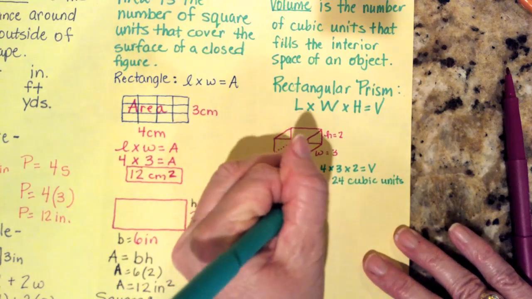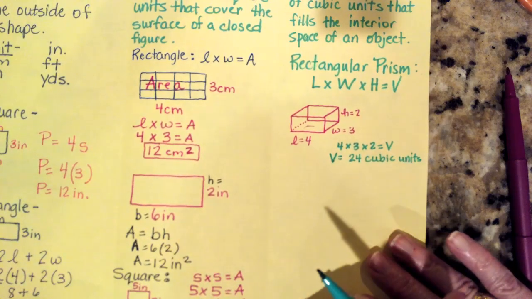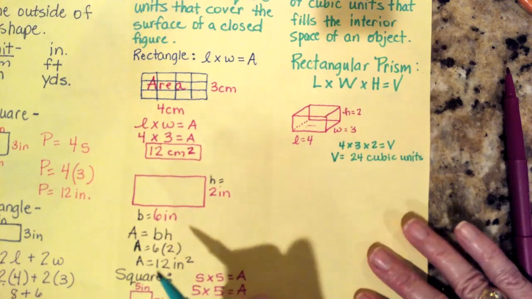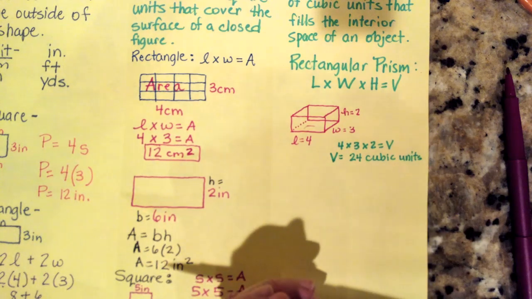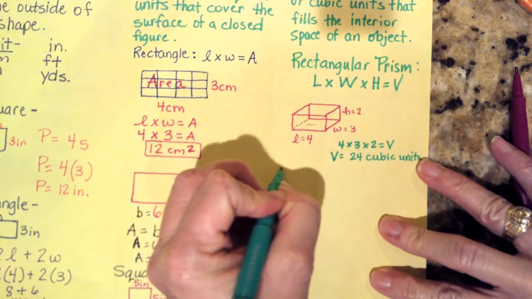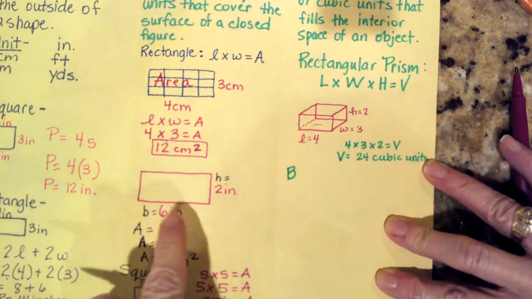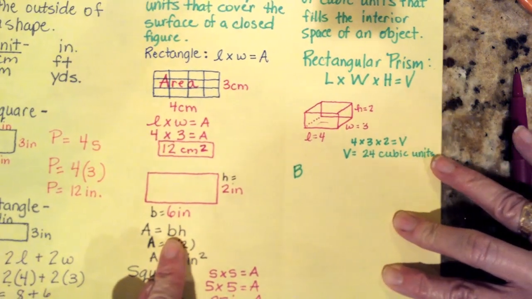All right, and I'm just going to go ahead and write V equals. The next thing that we need to put in our notes is information about what if I change out the length and the width for a capital B. What does that B stand for? So we talked a little bit about it on area, that sometimes when they have that lowercase b, they're talking about the base.